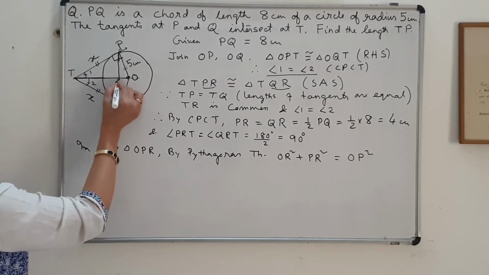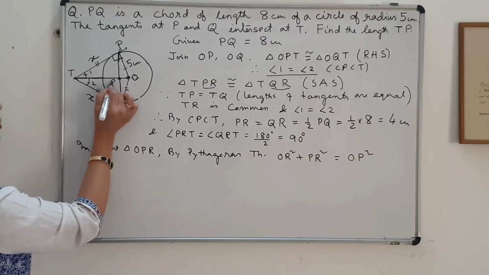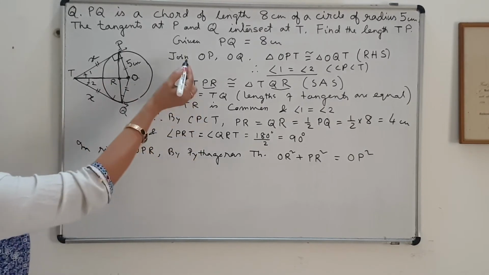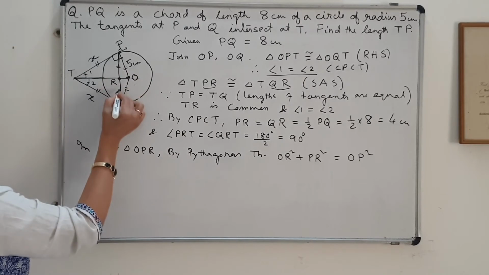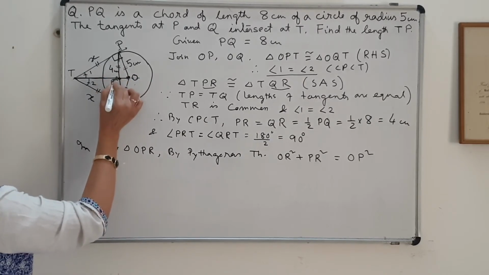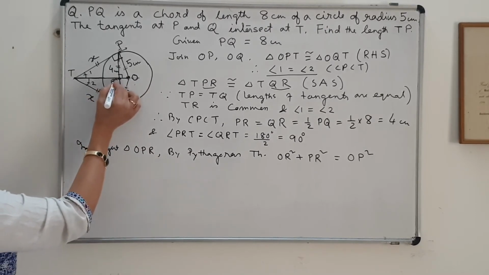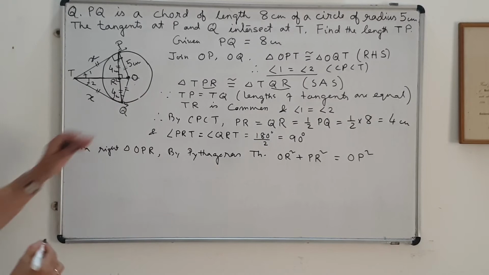This is the point of intersection of the chord and the line joining the center and the point T, and that is the point R. By this I proved that PR is equal to RQ and each is equal to 4 centimeter, and I proved this angle is 90 degrees. This much we have proved.